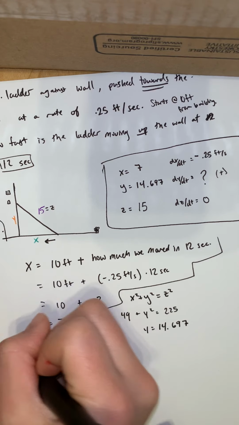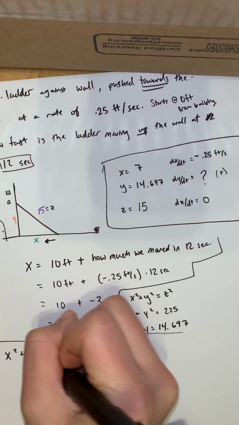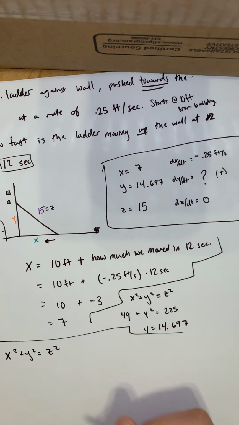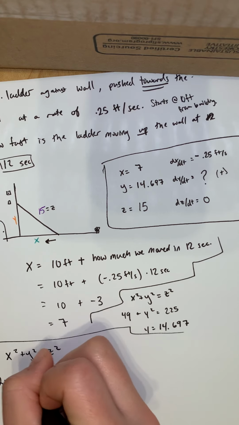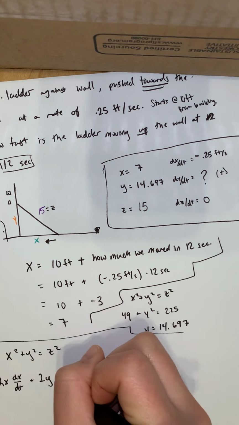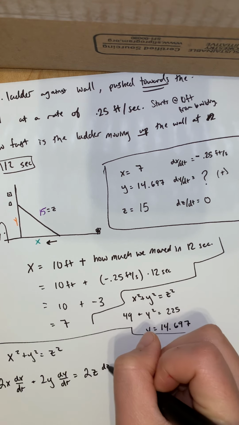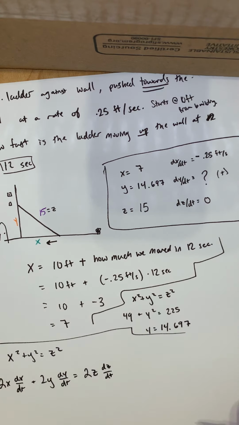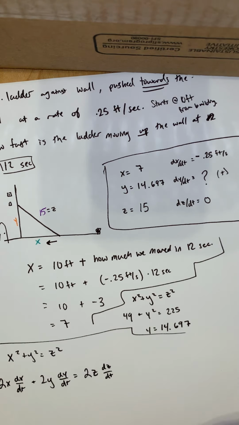Now the thing I want to do is establish my equation x squared plus y squared equals z squared. I want to implicitly differentiate this, so I get 2x dx/dt plus 2y dy/dt equals 2z dz/dt. Again, this is what I mean because all of these things are happening in relation to one another over time.